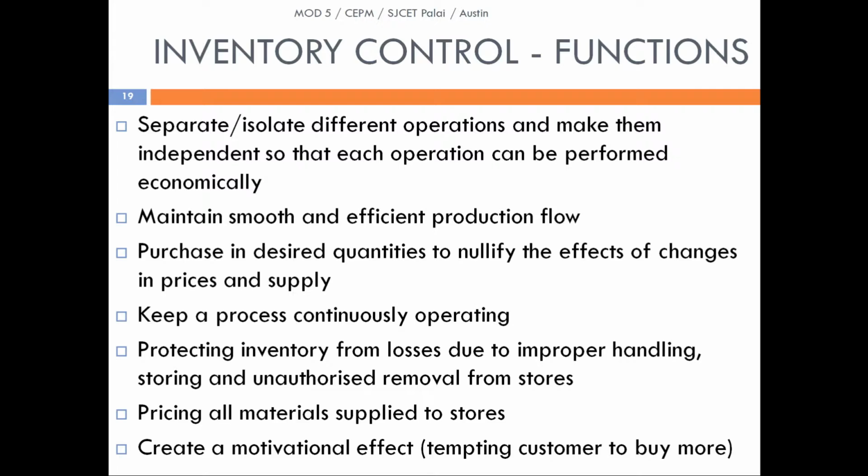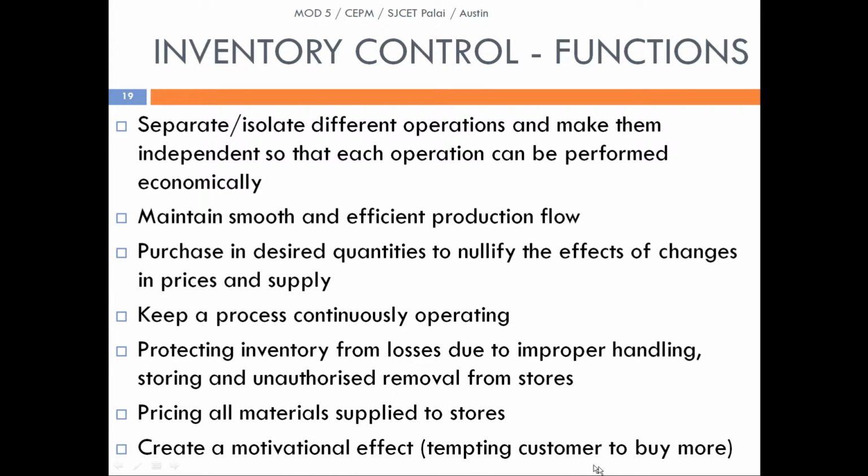The Best Buy company did not have this function, therefore they were not aware of the exact condition of their inventory, and they had to go over with cancelling of the orders. So next one is to create a motivation effect, tempting the customer to buy more.